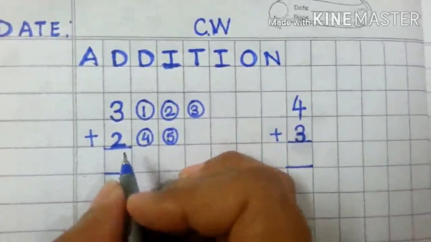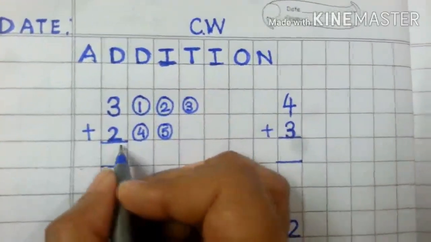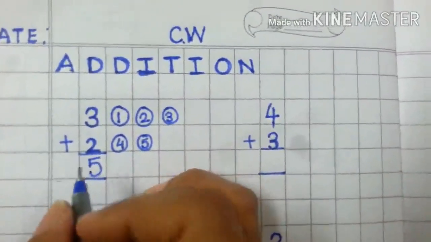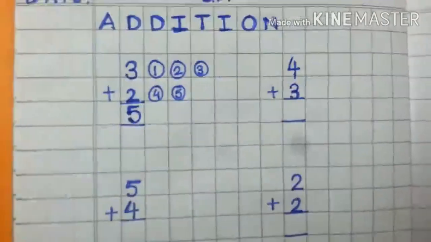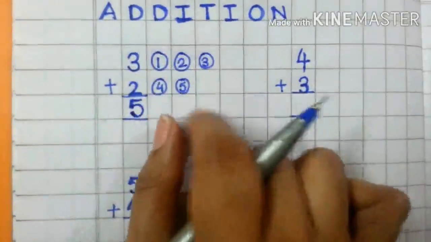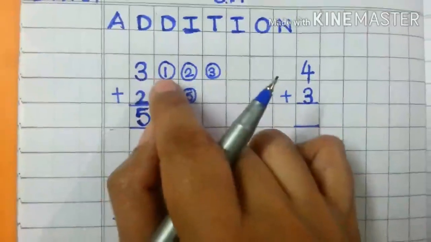So we have 5 marbles. So write number 5 in this box. So total number of marbles we have 5.